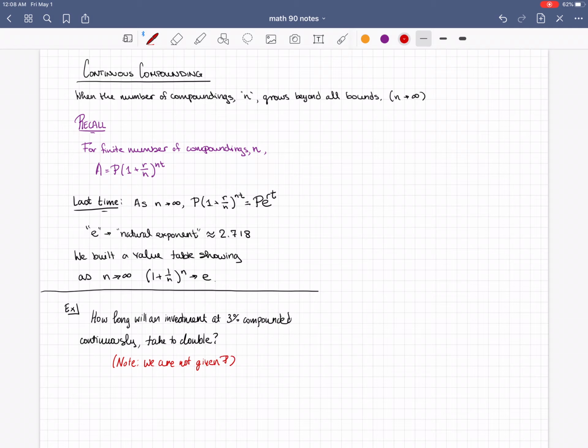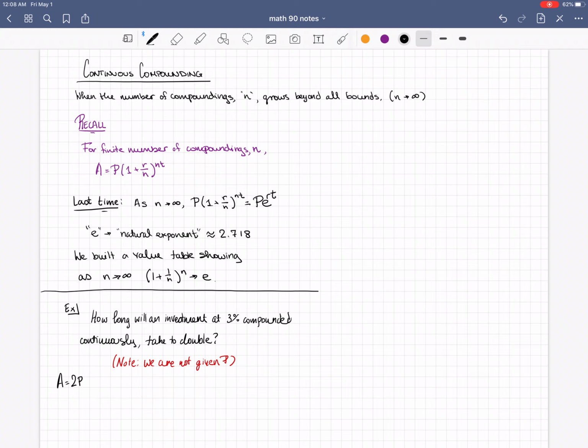And what I hope you remember from one of the lessons from this week is it doesn't matter what the initial size of the investment is. It's going to take the same amount of time to double at a given rate. Okay, so here we don't know P, so let's just leave it P. The actual value that we want is 2P.